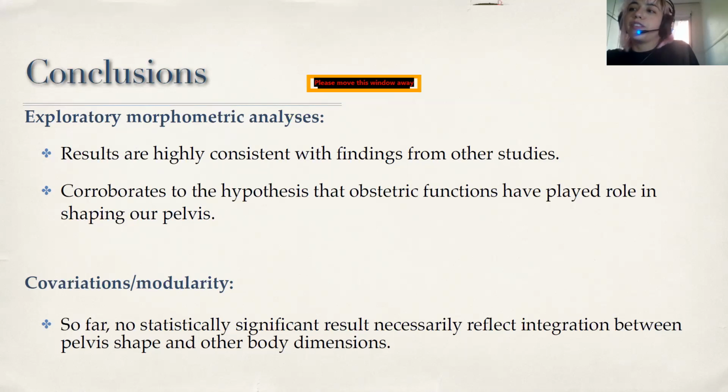So adding this to the fact that the true pelvis is the most sexually dimorphic part of the skeleton and also the only one that preserves larger dimensions in women than in men, our findings corroborate the hypothesis that obstetrics has played a role in shaping our pelvis at some point of our lineage.